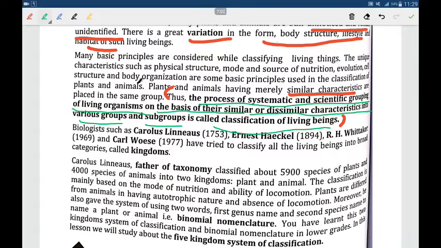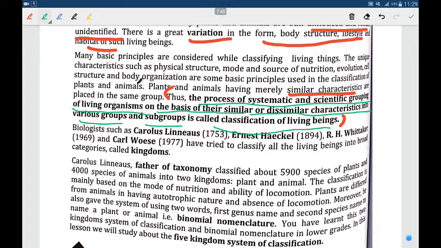Classification of living beings is the scientific, systematic way in which animals and plants are kept in groups and their subgroups on the basis of their similar or dissimilar characteristics.